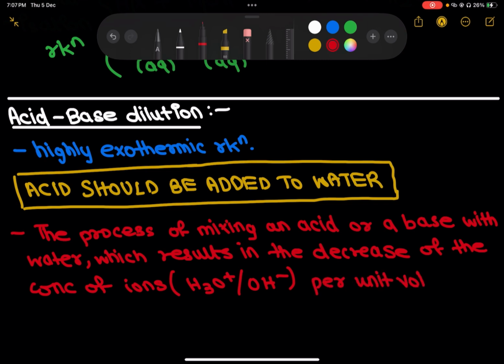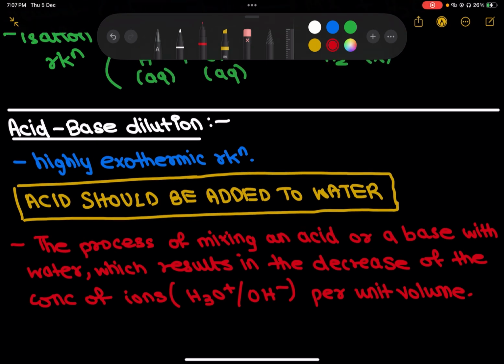It is obvious: when you add a lot of water to an acid, the concentration of ions in the acid will go on decreasing as you add excessive water. That is the definition of dilution: the process of mixing an acid or base with water, which results in the decrease of the concentration of ions.